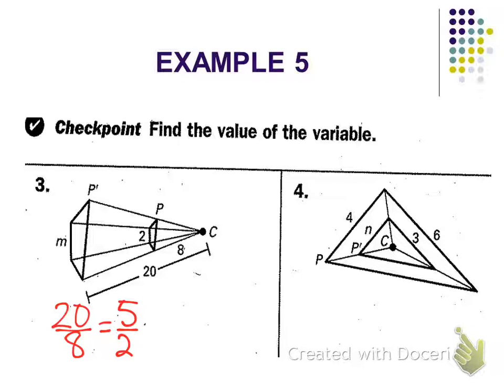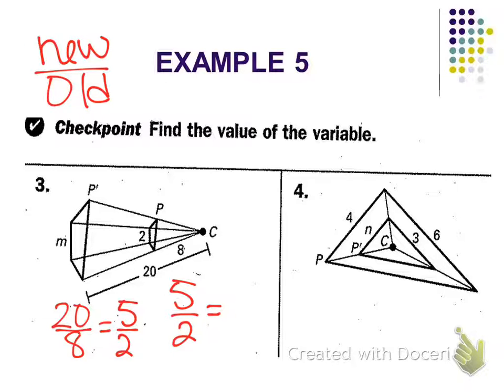All right, so then we have to set up a proportion. Notice that when we do these, we do new over old every time. The scale factor and this other one, we do new over old. So, what's missing from our new figure?